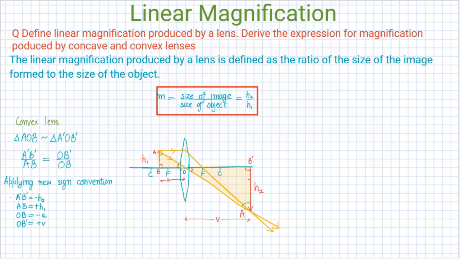So I will substitute these values here. Instead of A dash B dash, I can write minus H2 by AB equals plus H1, equals OB dash, the image distance, plus v, and OB is your object distance, minus u.